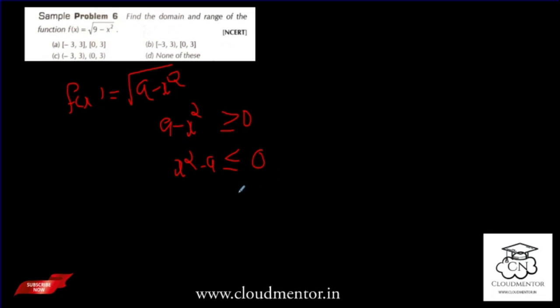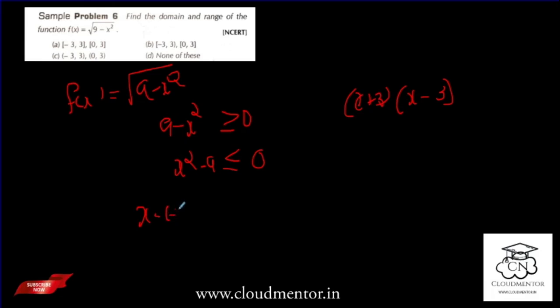So that means we can split x square minus 9 into x plus 3 times x minus 3, since a square minus b square is a plus b into a minus b.